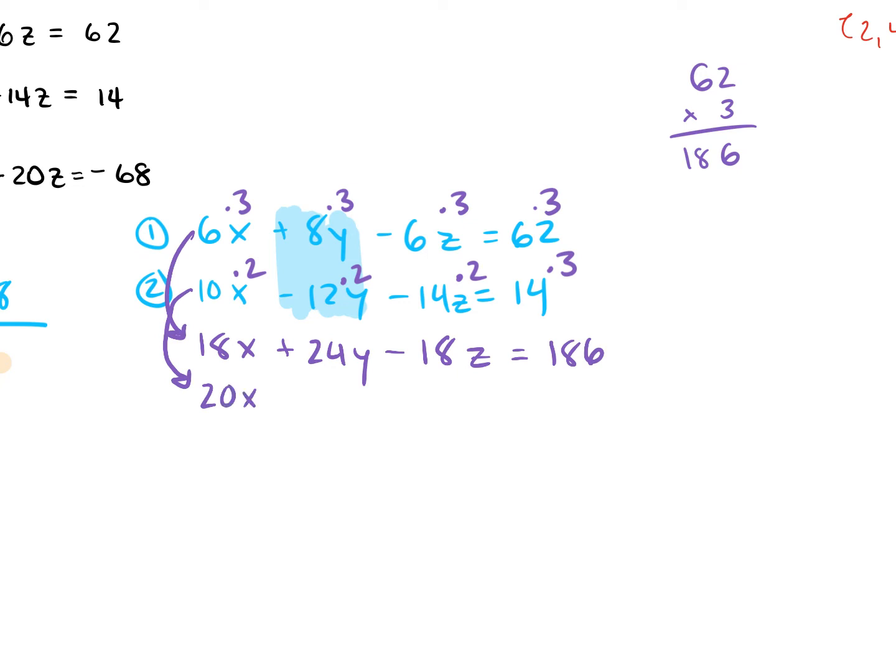So I have 20x minus 24y minus 28z is equal to 14 times 3, which would be, oops, yes, you are right, 14 times 2. This should be a 2. So it should be equal to 28. Good catch.